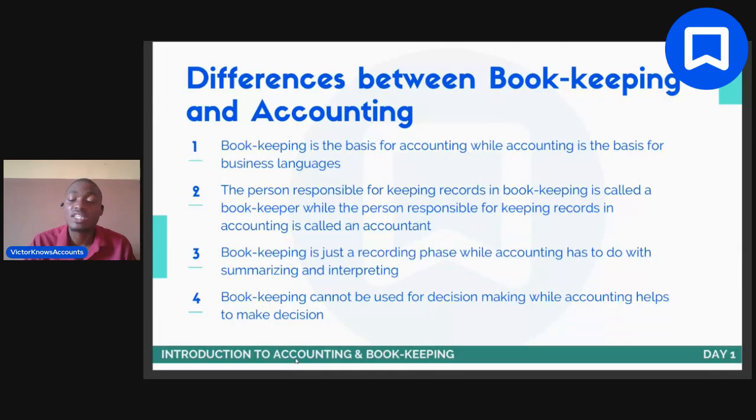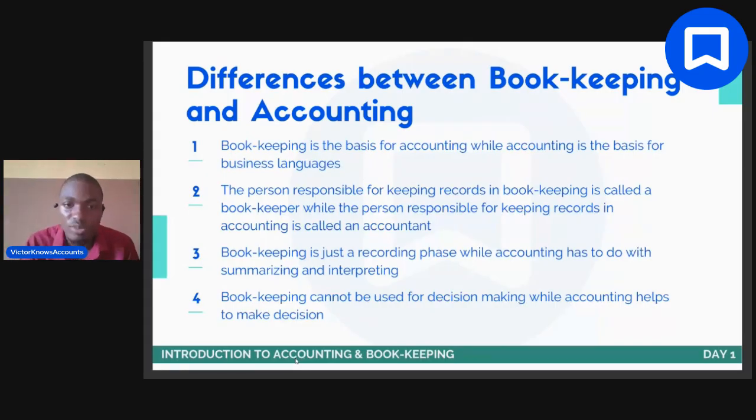Now, the number three difference is that bookkeeping is just a recording phase, while accounting has to do with summarizing and interpreting. This also reinforces the point that bookkeeping is a preliminary phase, a basic phase of accounting, while accounting is a more sophisticated practice.